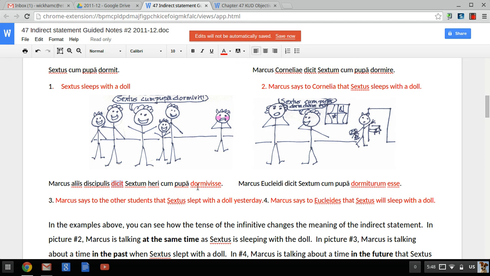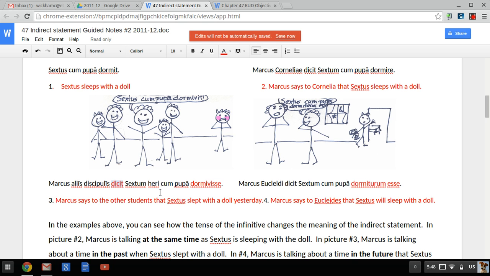Dormivisse, suddenly we'd probably want to translate as pluperfect, because in relation to the main verb, he's telling the other students after Sextus slept with the doll. So we need to show that progression of time. So we would say Marcus said to the other students that Sextus had slept with the doll yesterday.